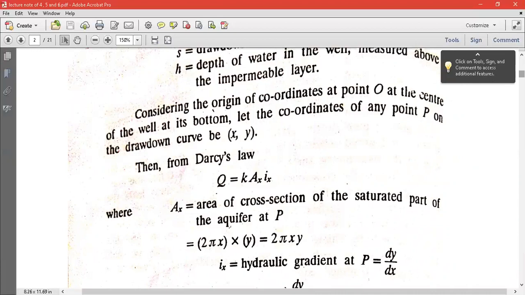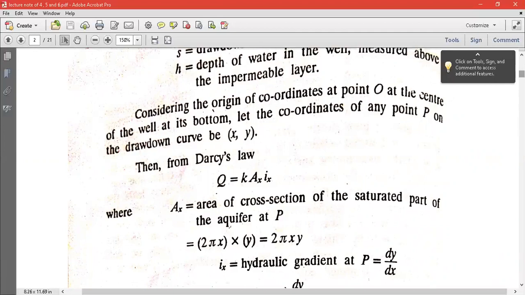Now what is A? A corresponds to the perimeter at the point P which you have considered in the depressed zone, that is the cone of depression, that is coordinated by the x, y coordinate. So I have shown you that 2 pi x y is the area. In place of i, the hydraulic gradient, it is nothing but dy by dx.